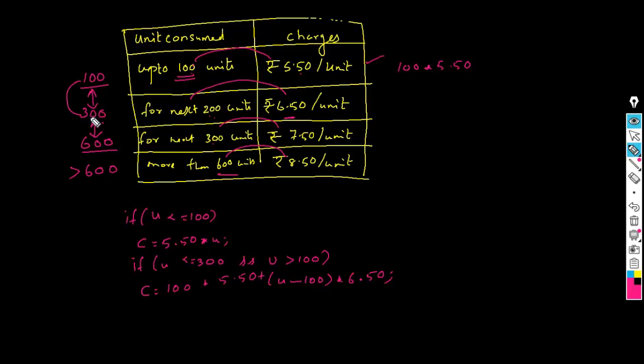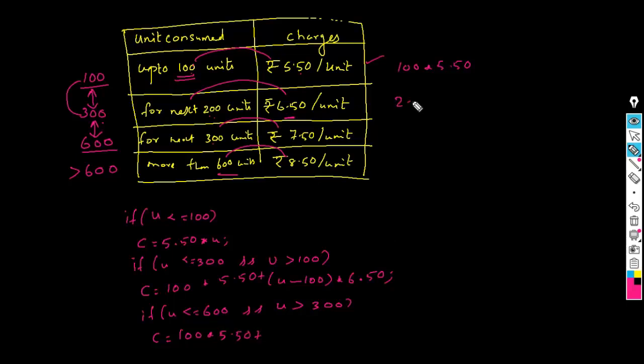What is the next one? Between 300 to 600. So how will I write? If unit is lesser than or equal to 600 and unit is greater than 300, C is equal to the first value 100 into 5.50. Write it down, 100 into 5.50.